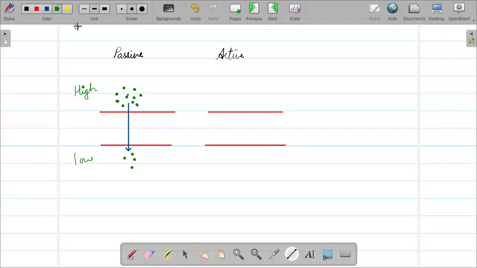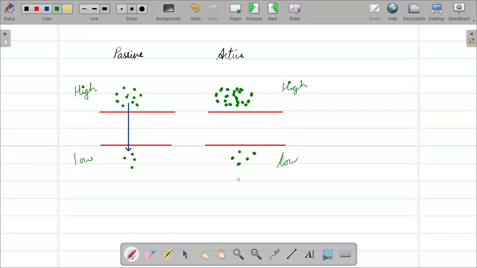At the same time, the molecules may move from a region of lower concentration to a region of higher concentration.